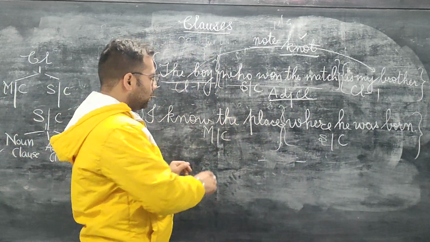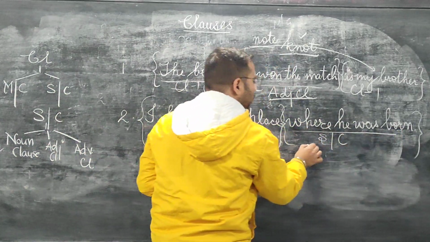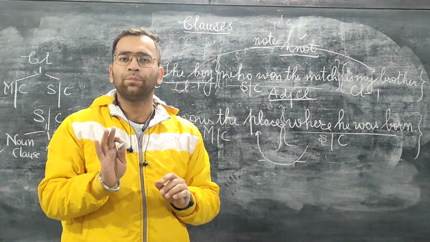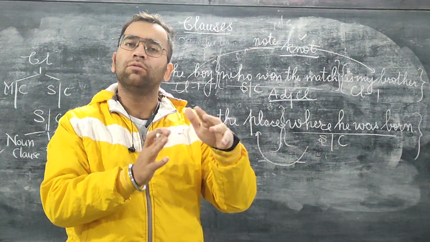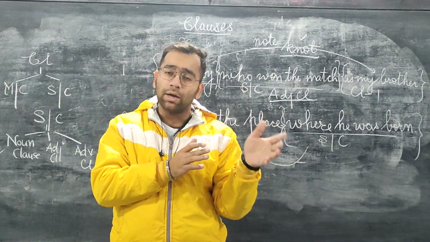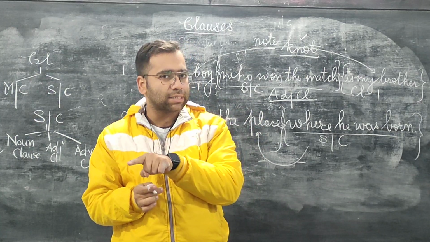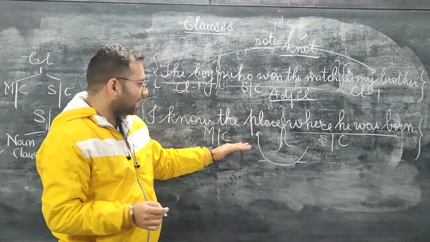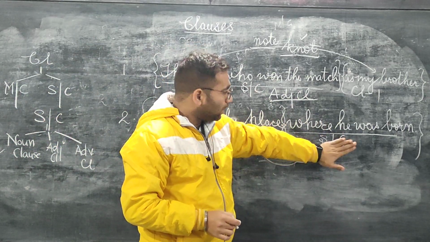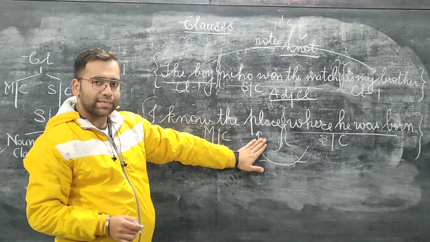Check it out. I know the place where he was born. Where he was born is telling more about the place. Yes or no? Lord Krishna was born in Mathura. Mathura is telling more about Lord Krishna's birthplace. In the same way, where he was born is telling more about the place.